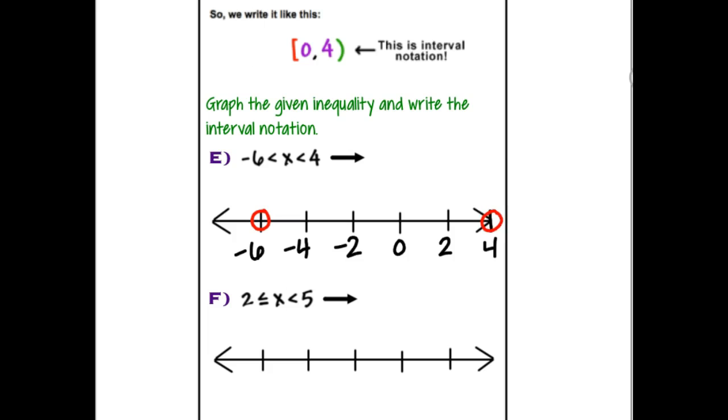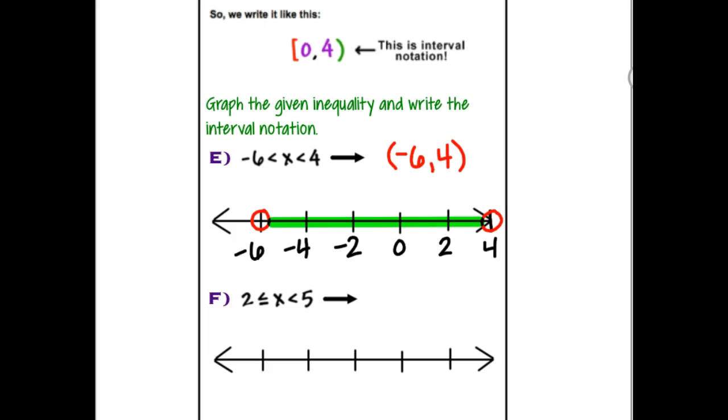X is in the middle, so when we shade, we're going to shade in the middle. And when we write our interval notation, I'm saying that x is between negative 6 and 4. Both of them are open dots, so we will use parentheses. So it does look like an ordered pair, but it's not. This is how we write our interval notation.